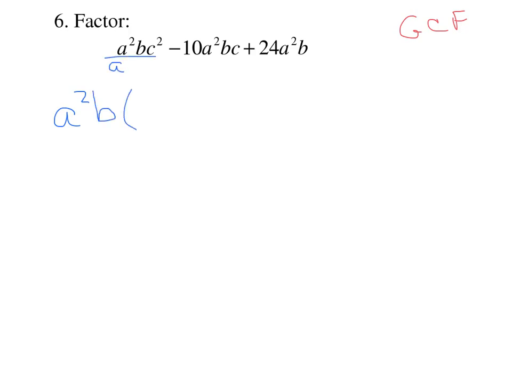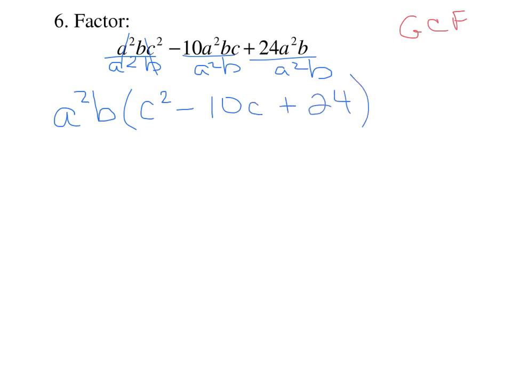So we're going to divide all 3 terms by a squared b. That would give us c squared minus 10c plus 24. Oh, nice. And this turns out to be just a standard trinomial here. Nice. So bring the GCF down, a squared b, and factor the standard trinomial.